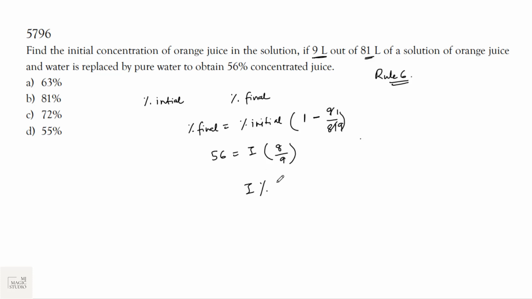So the initial percentage was 56 into 9 by 8. 7 into 9 is 63%. Initially 63% was the concentration of the orange juice, and then when 9 liters, that is 1/9 of it, is taken out, how much remains? 56%.